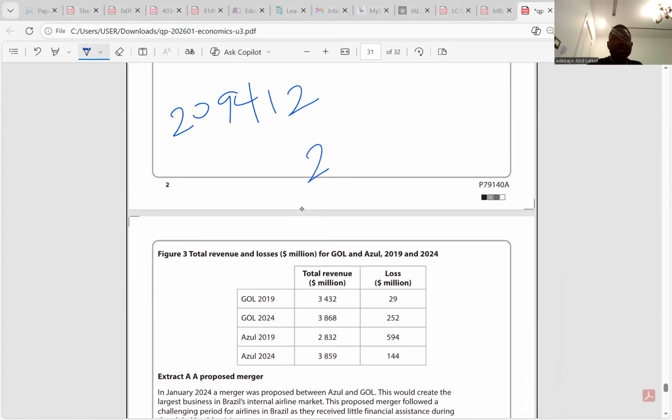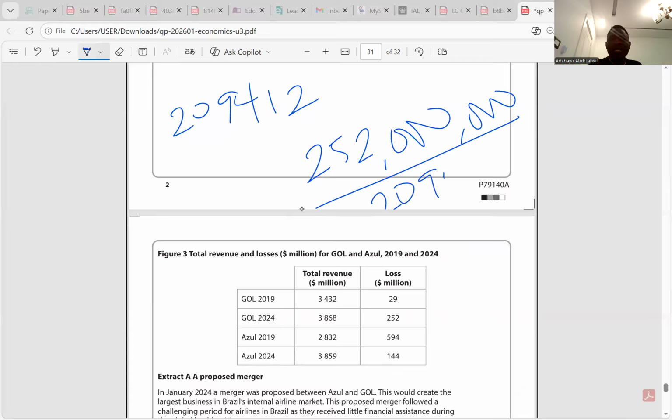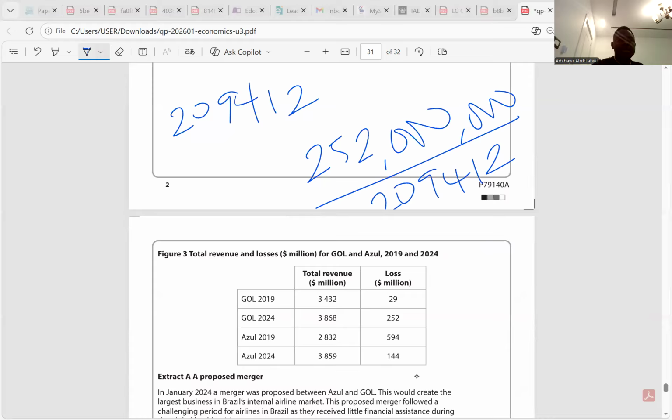So we have 252 million divided by the total number of flights, 209,412. That will give us the average.